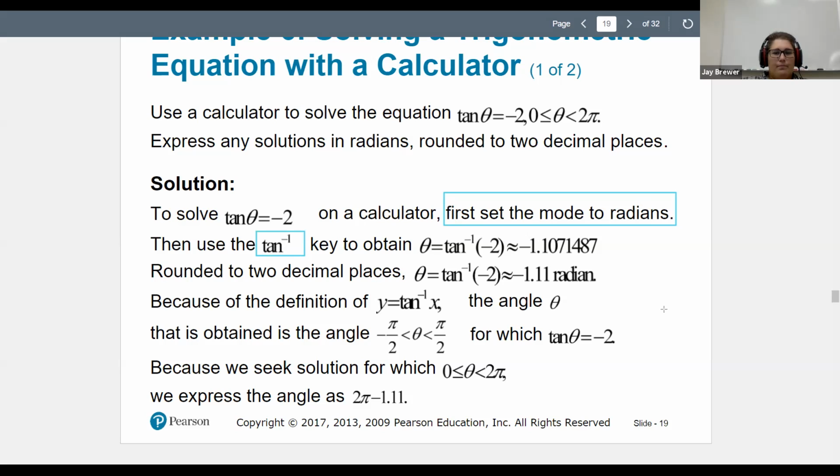Once you plug that in, you'll get negative 1.107, which rounds to negative 1.11. That's in radians. Okay? Because by the definition of y equals tangent inverse of x, the angle theta is obtained between negative pi over 2 and pi over 2. Then you have to include the 2 pi minus 1.11.